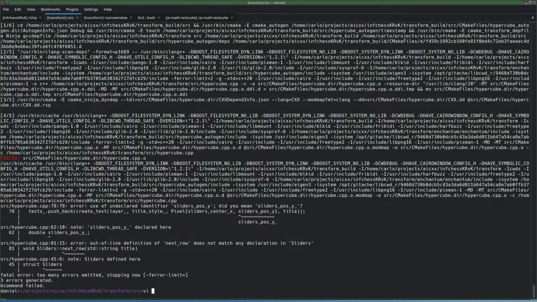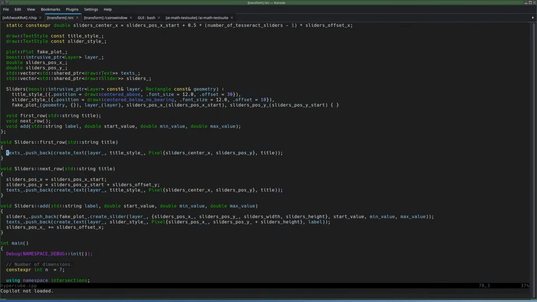Well, that was the problem. It doesn't know what this is. No, it's not actually. Sorry. It just compiles now.